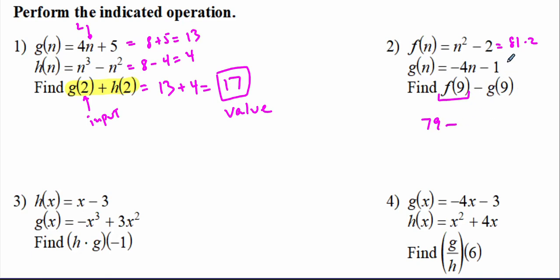If I plug 9 into here, this becomes negative 9 times 4, negative 36, minus 1, so negative 37. So it's a minus a negative 37. And that's the thing about the subtraction. You have to be careful about this extra minus sign.